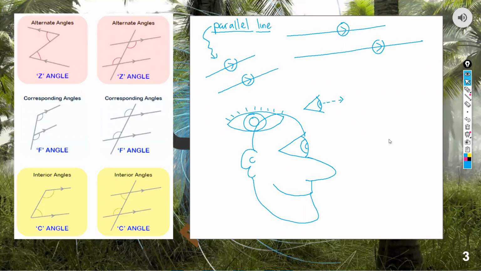Also, I want you to pretend that every line that you see is a wall. So that means if I have an eye on this side, he can look at the wall, but he cannot see on the other side of the wall because most walls, you cannot see through them. So just pretend each line is a wall.